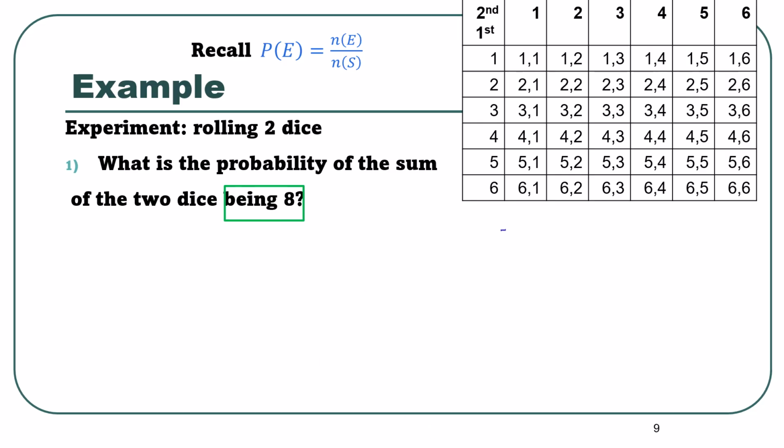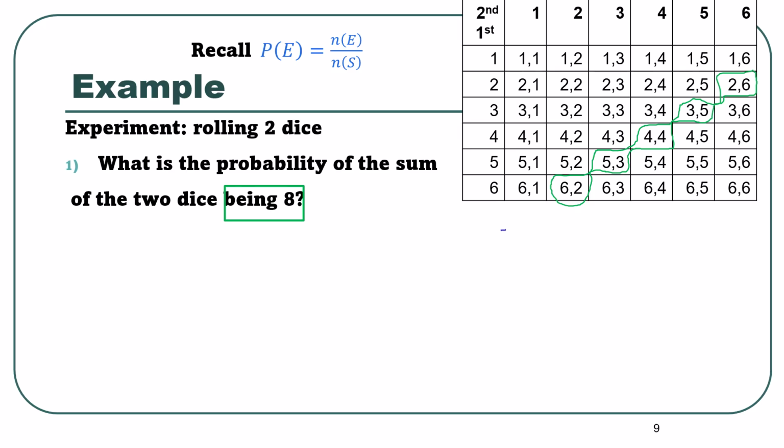So let me see how many of these 36 outcomes are related to my event. 2 and 6 is 8, 3 and 5 is 8, 4 and 4, 5 and 3 is 8, and 6 and 2 is 8. So all of these 5 outcomes satisfy this event, their sum is equal to 8.